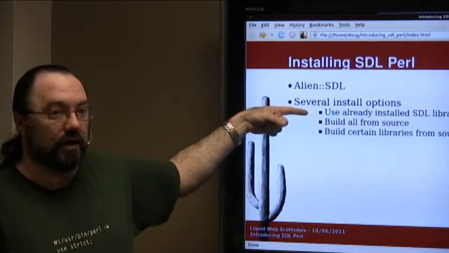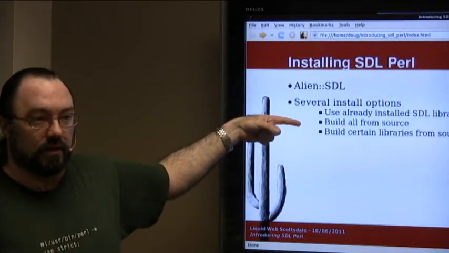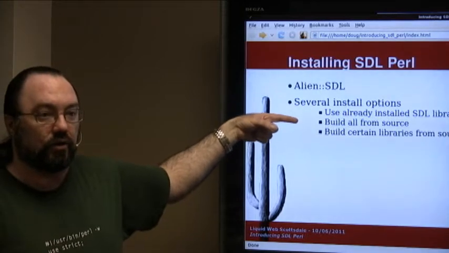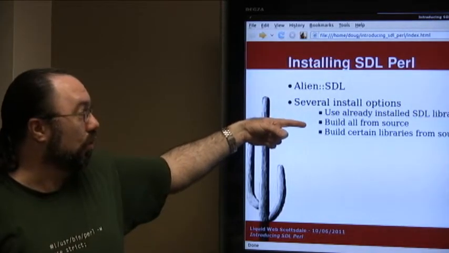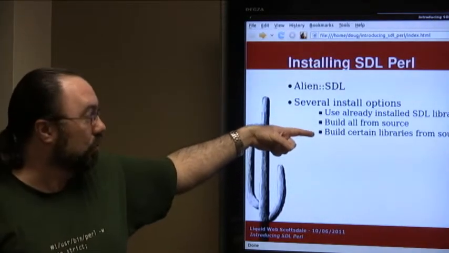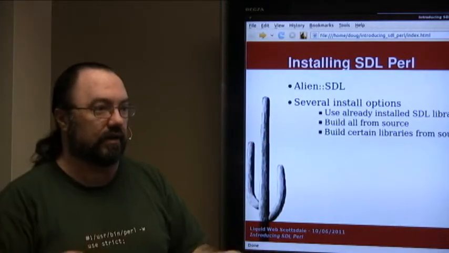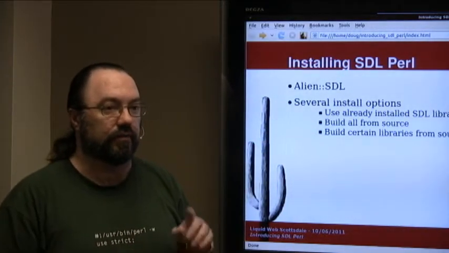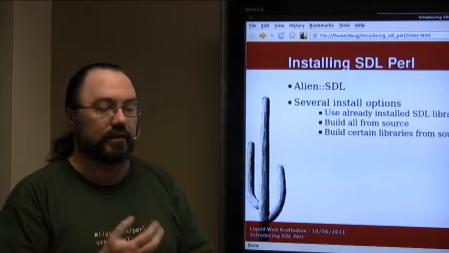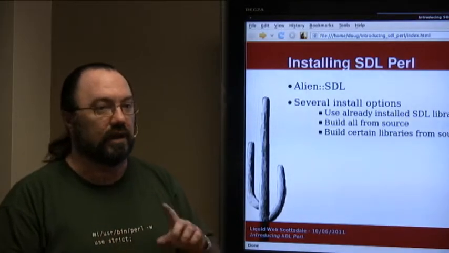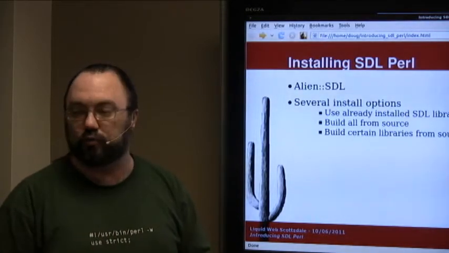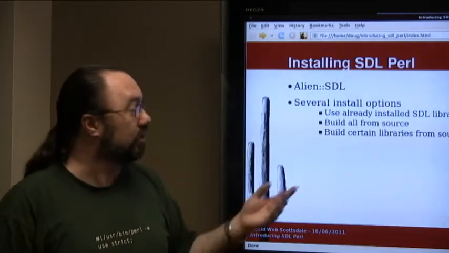If you've already got SDL on your system, it can detect it and you can pick to use that, or you can build it from source, or a certain subset of all the different pieces, because there are several different things. There's the audio, the text, the video, that sort of thing. So you can pick and choose which things you want to build from source.